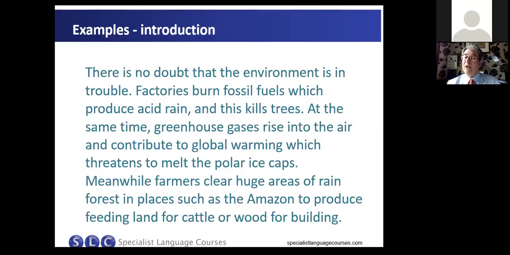So, "Meanwhile, farmers clear huge areas of rainforest in places such as the Amazon." This is what the writer wrote. I might be tempted to put a comma here after rainforest and here after Amazon, because this is a non-defining clause.